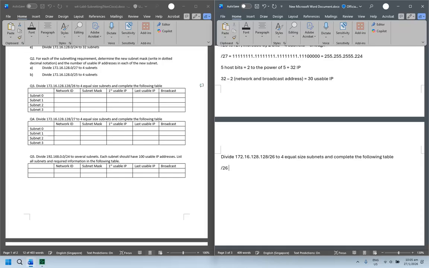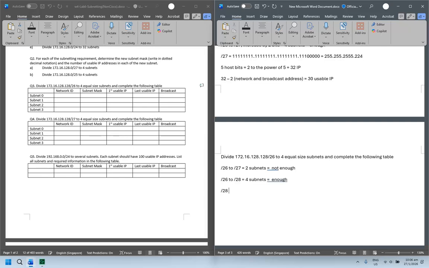Based on the working that we've done earlier, if I increase the number of bits by 1 from 26 to 27, I'm only going to get 2 subnets, which is not enough. If I increase from /26 to /28, that gives me 2 to the power of 2, which is 4 subnets. So this will be the new subnet mask that fits my requirement.